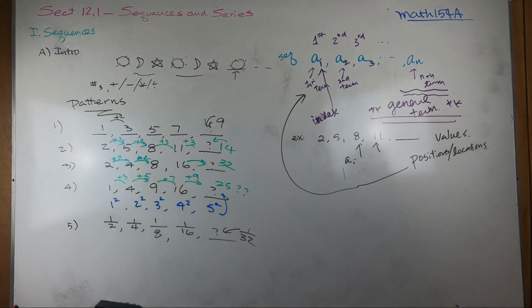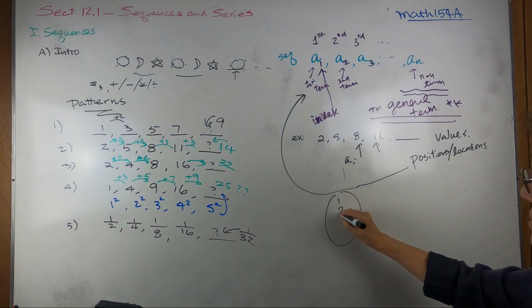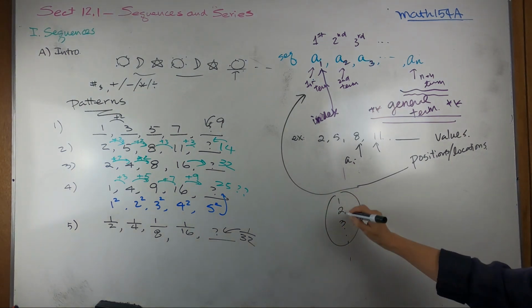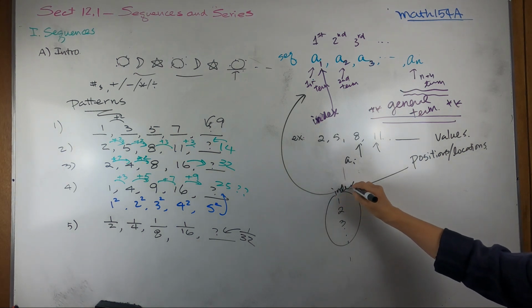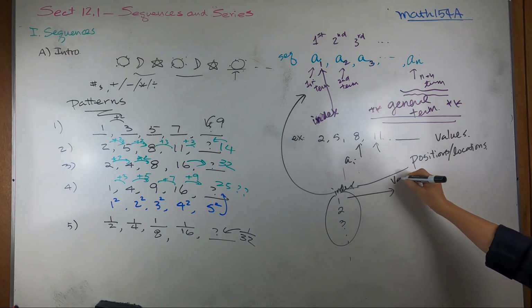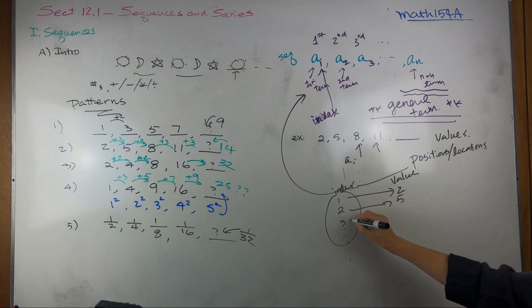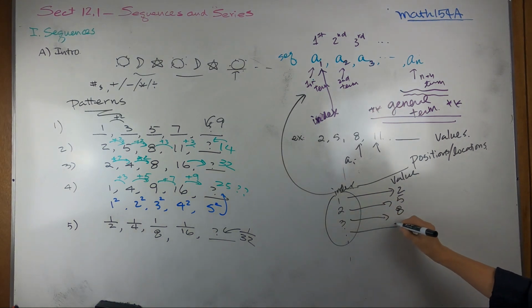We can also look at it this way, right? From 1, 2, 3, all those indexes, or indices, pointing to the values, say 2, 5, 8, 11.